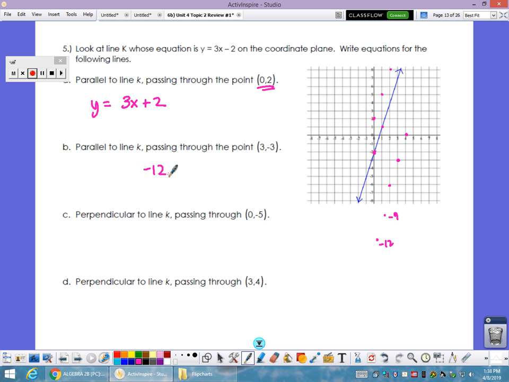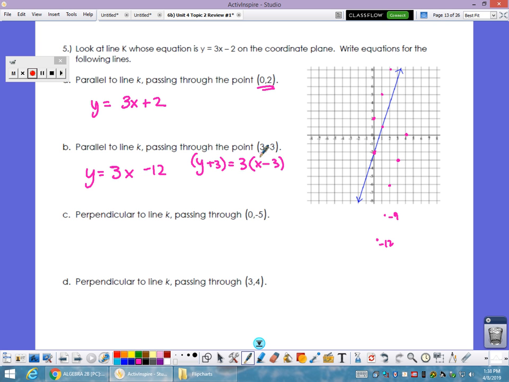Now you could do that algebraically, if you wanted to, because if you're not comfortable with it going off the graph. So what you could do is you could say y minus a negative 3 equals slope times x minus 3, right? So what I did is I plugged into my point slope form.